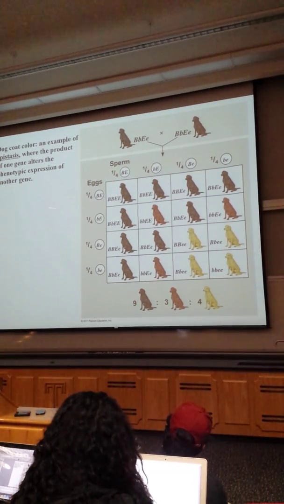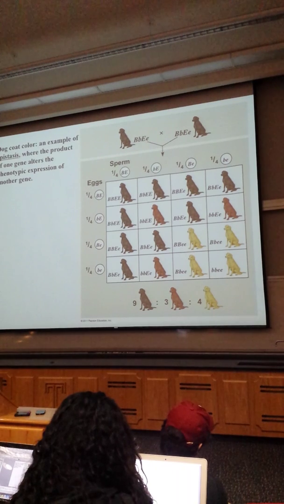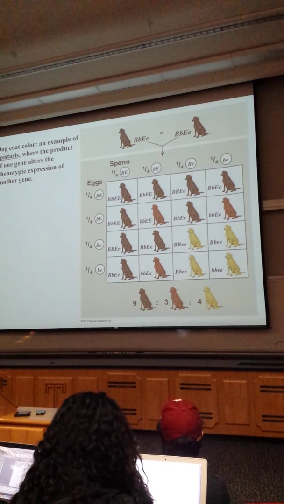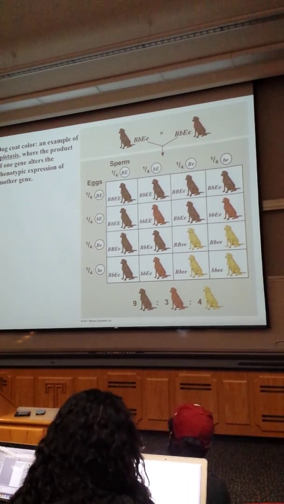An example of this would involve a transcription factor. Transcription factors are proteins, if you recall, that bind to genes to allow them to be expressed. So a transcription factor binds to a gene that activates pigment production.